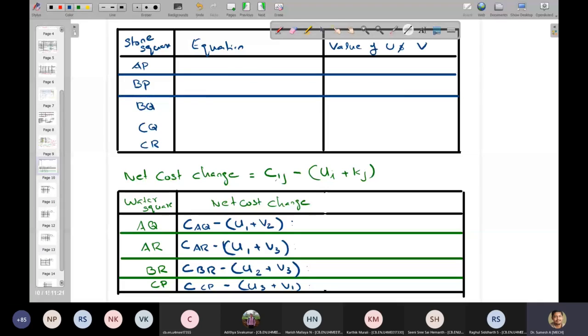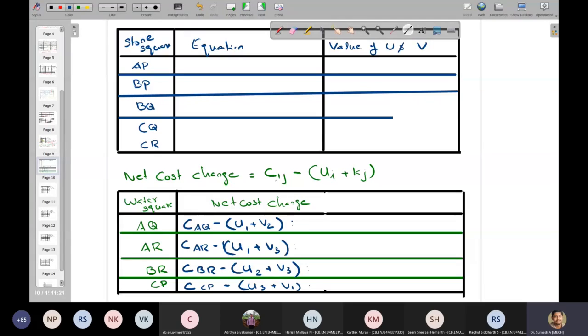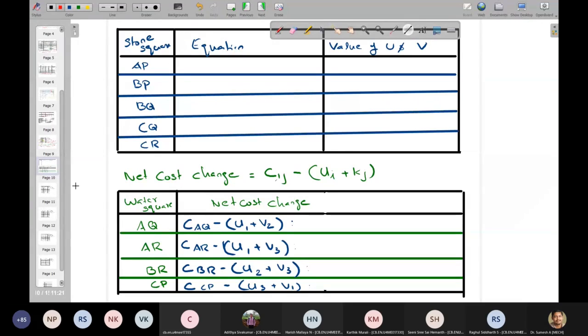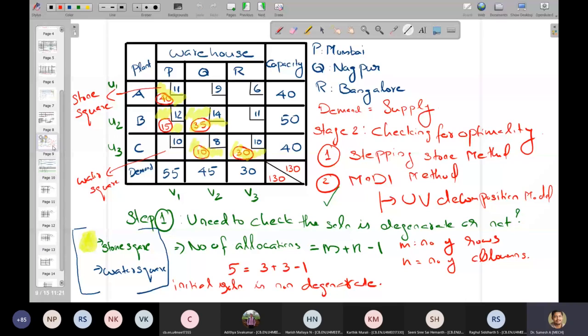Okay, now what is the equation of U and V for AP? For AP it will be U1 plus V1 equals Cij equals 11.